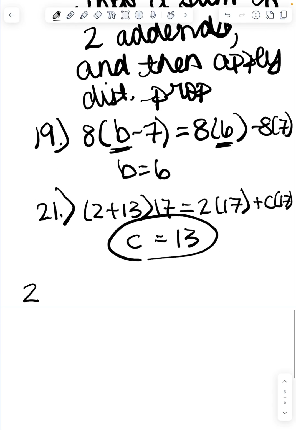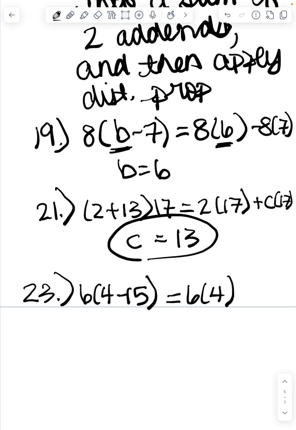Number 23. 6 times the quantity 4 minus 15 equals 6 times the quantity 4 plus 6z. Ooh, this is tricky. Did you notice that the minus sign is switched out? It was originally a minus 15 in the parentheses, but now it says plus 6z. So that leads me to believe that z had to be a negative 15.